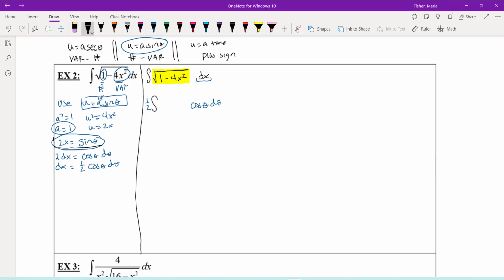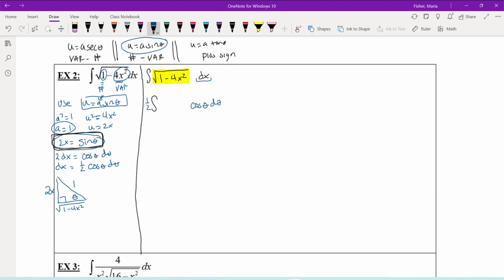I make the triangle based on the substitution that I used. So I know that 2x is equal to the sine of theta. If this is my triangle and this is theta, sine is going to equal opposite over hypotenuse. So I don't have a denominator, but remember that denominator is always a 1.